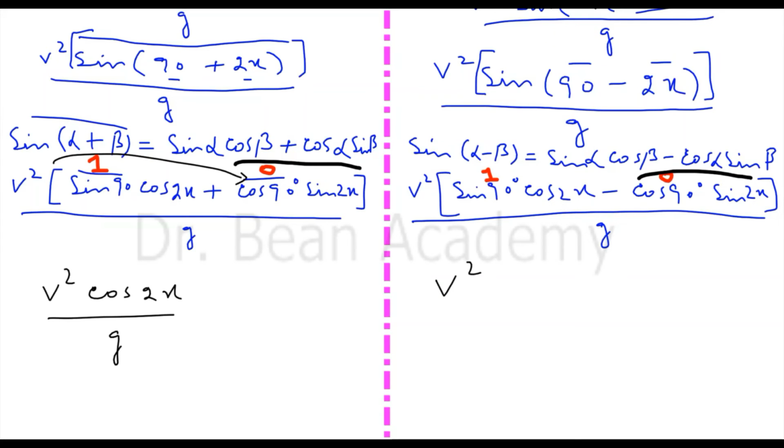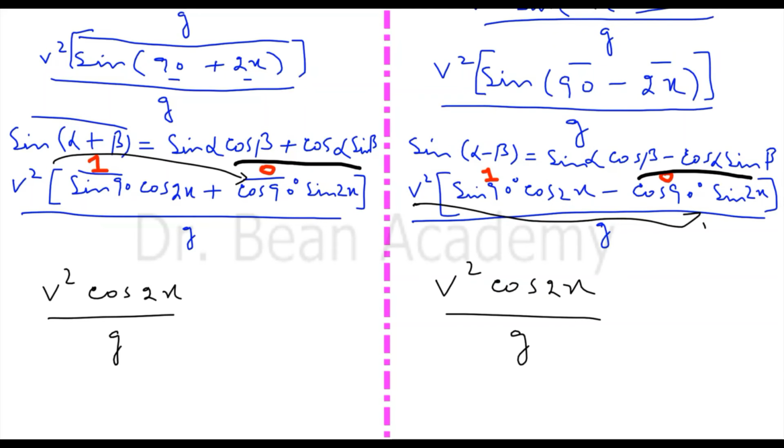It's v squared cosine of 2x because sine 90 is 1, divided by g, and when this v squared is multiplied to the second term, which is 0, it will become 0, so the right side will just vanish.